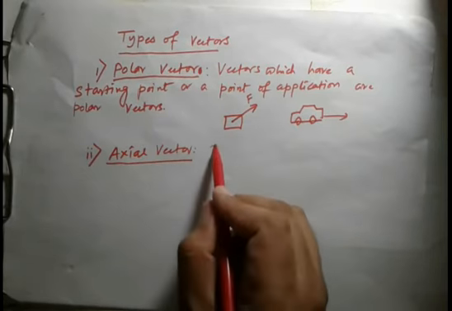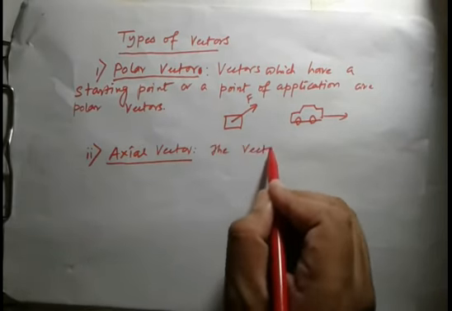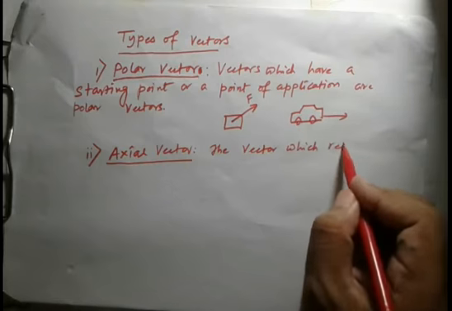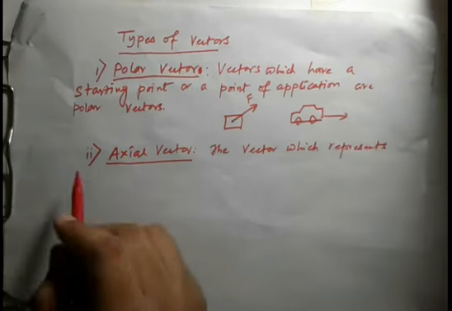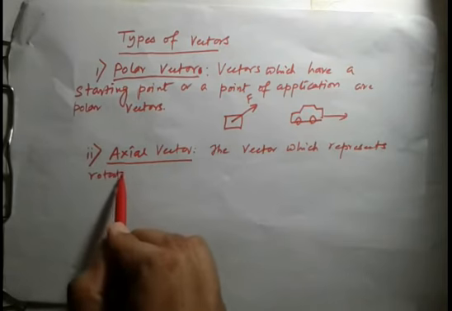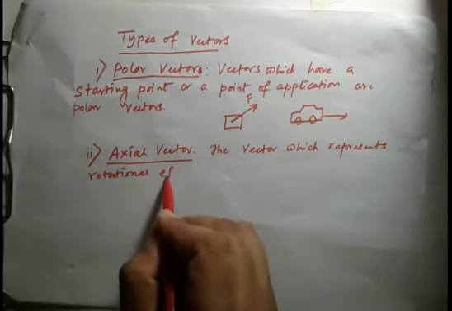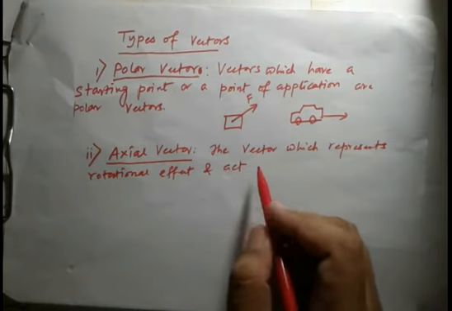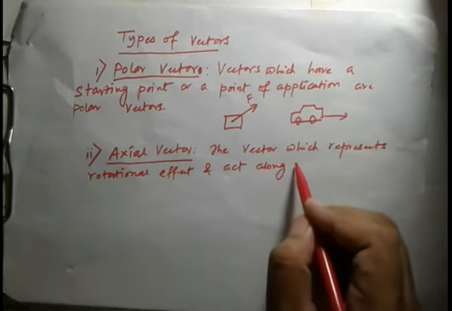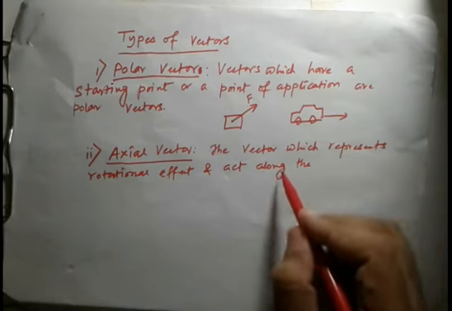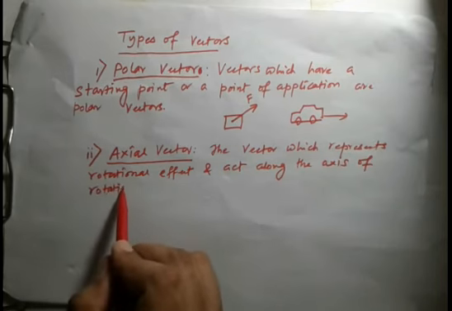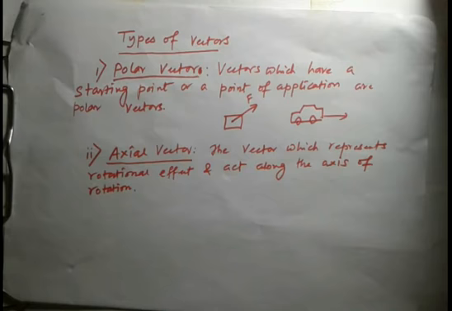The vector which represents rotational effect and acts along the axis of rotation is known as the axial vector.